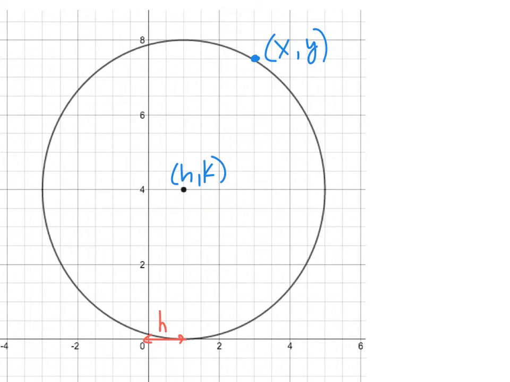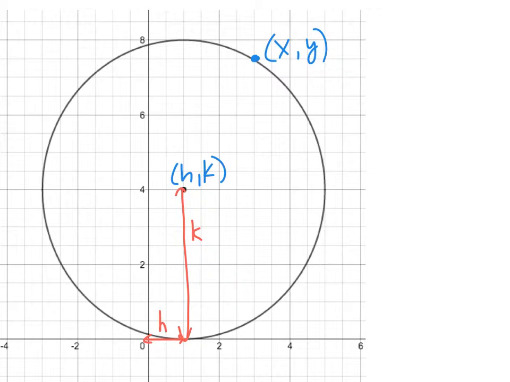So from the origin to the center is h away in the x direction. Let's see. How high is this red line then? Oh yeah, it is 4, but in terms of h and k, which one is that? K. Very good.